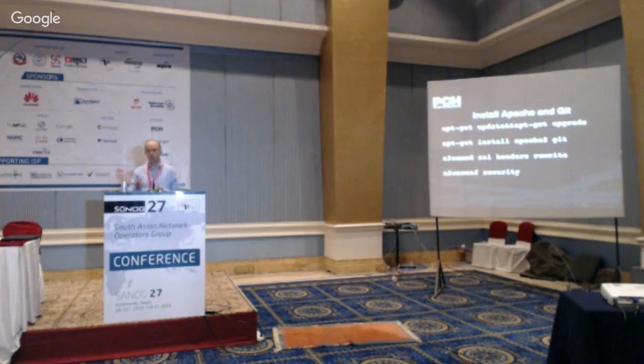So for Ubuntu, this is apt-get update and apt-get upgrade. The next three lines, we install Apache, as well as Git, which we need for the Let's Encrypt client. And then we enable certain modules for Apache: the SSL module, the headers module, and the rewrite module. And we enable the security configuration. These are normally all in one, but with Ubuntu, the way they make the Apache 2 configs, you have to enable it.